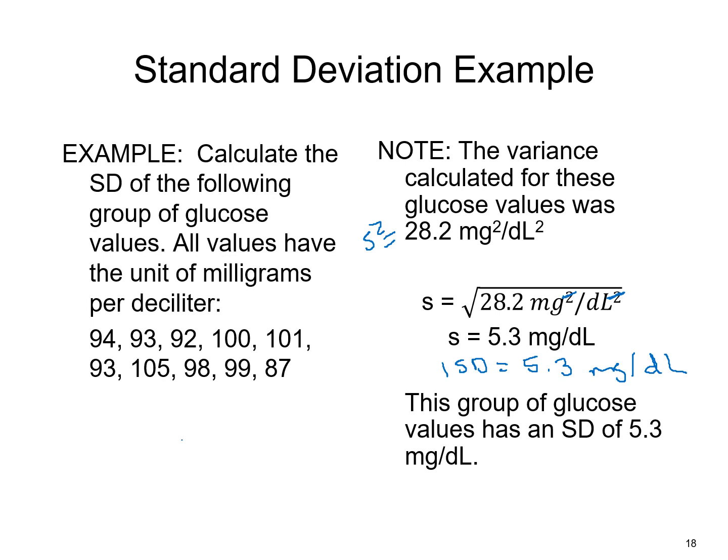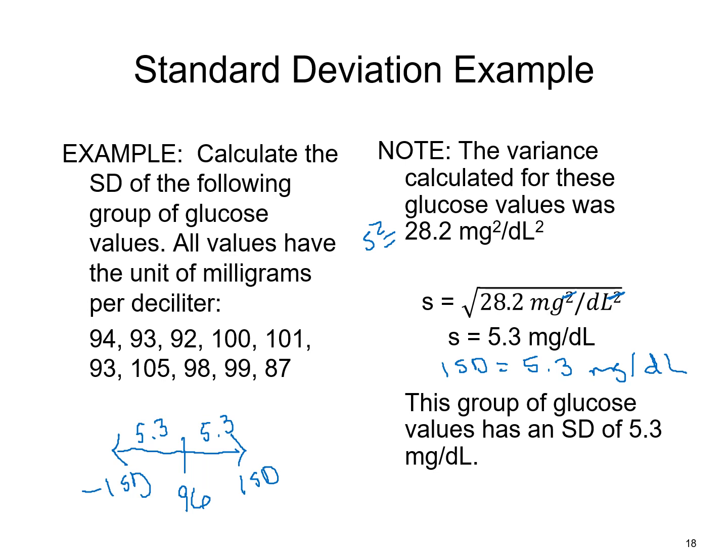So in this particular example, our mean was 96, which means on either side of this 96 or this mean, for plus one standard deviation or minus one standard deviation, that means that there's a value of 5.3 in between.